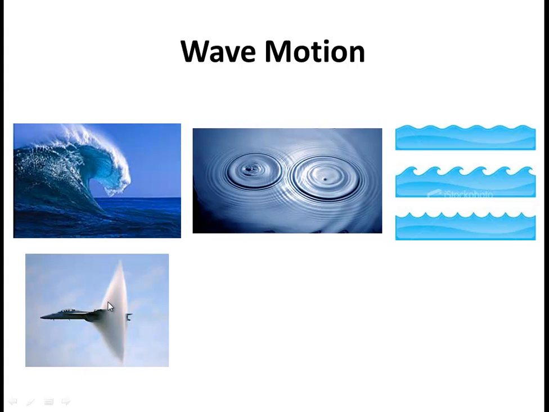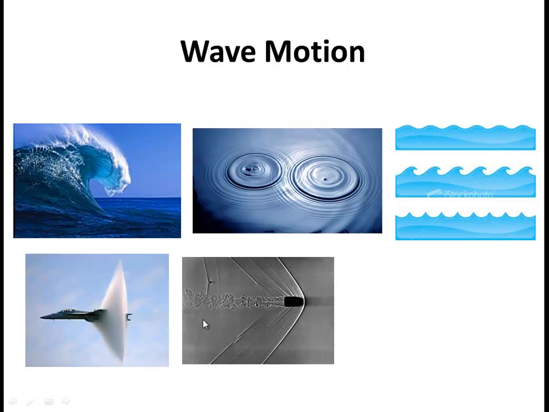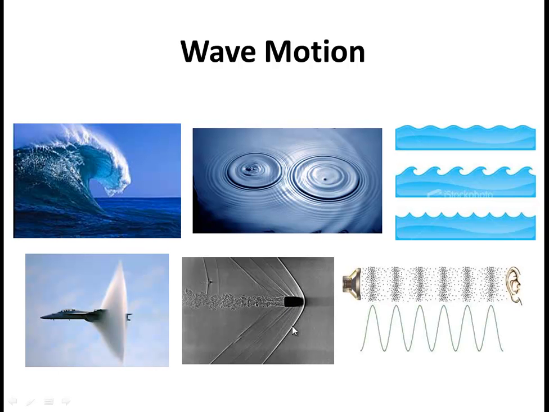So that's one kind of wave, what they call a shock wave, when an object reaches the speed of sound in the air. Here's other evidence of shock waves in air. This is a bullet caught with very fast action cameras, and you can see the shock wave bowing on either side of the bullet as it's moving. Other kinds of waves, sound waves.